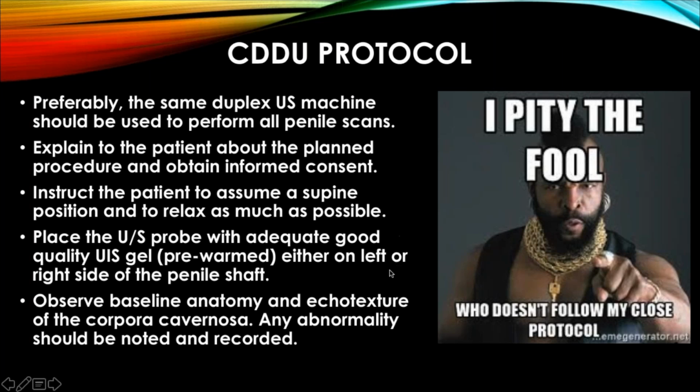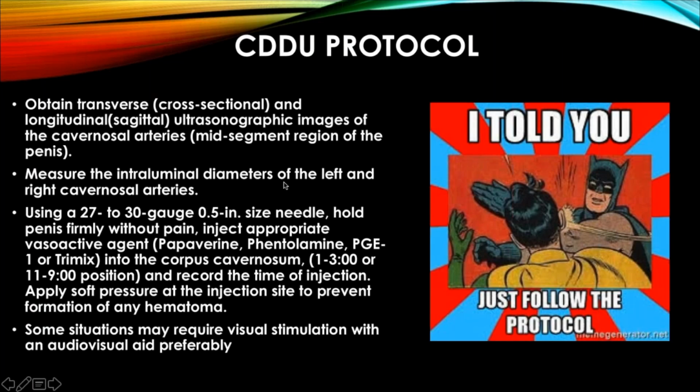You take the probe with gel, and you'll do a baseline scan of the right and left penile shaft in both longitudinal and transverse views, both dorsally and ventrally, to observe the baseline anatomy and the echotexture of the corpora cavernosa. So you're looking for, particularly in Peyronie's disease, calcified plaques, which should be easily identifiable. I'll show you those in a little bit.